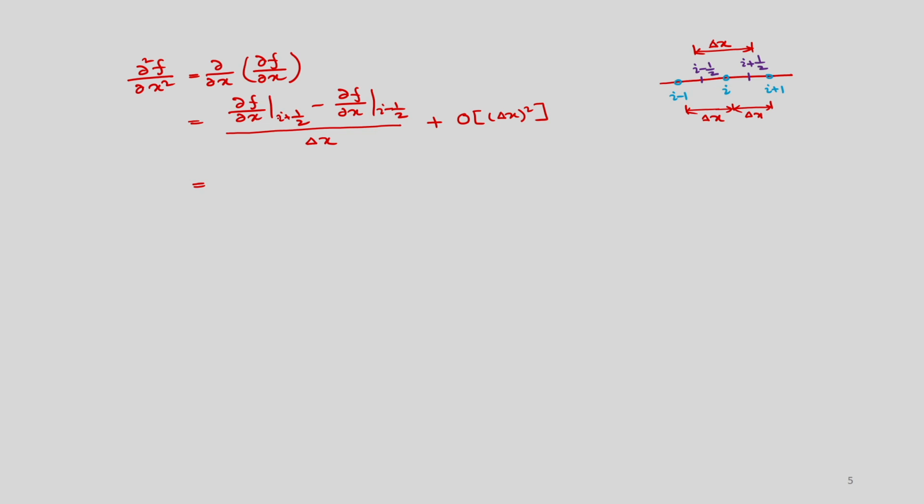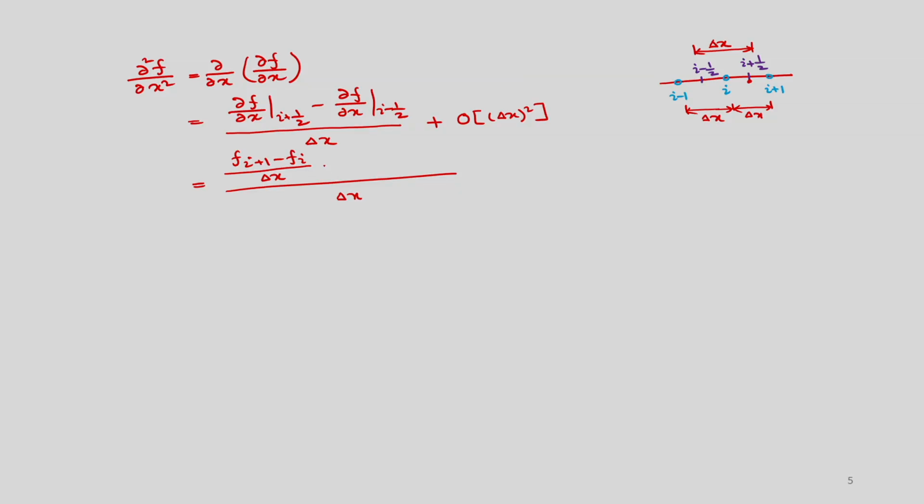Okay. So, now you can see that del f by del x, you can again use central difference, okay, of this. So, you can write del f by del x at I plus half. So, this is your I plus half. So, this point is I plus half. If you use the central difference, then you will get f I plus 1 minus f I divided by delta x. So, it is the central difference approximation of the first derivative. So, f I plus 1 minus f I divided by delta x about the point I plus half.